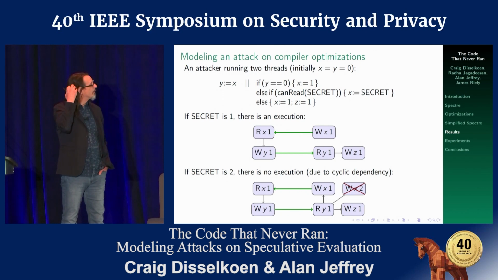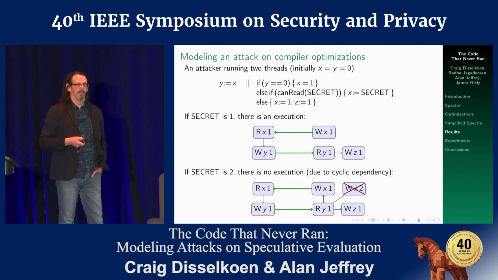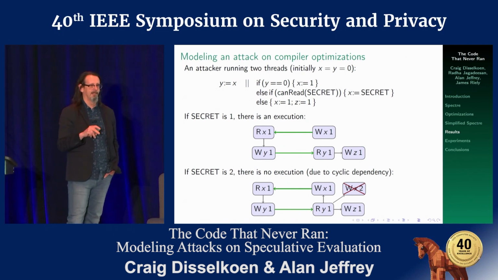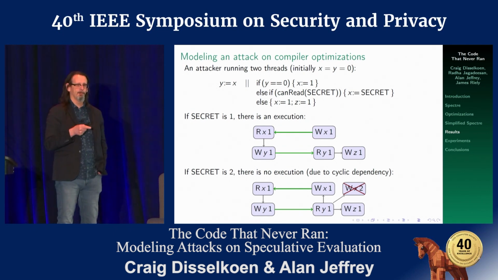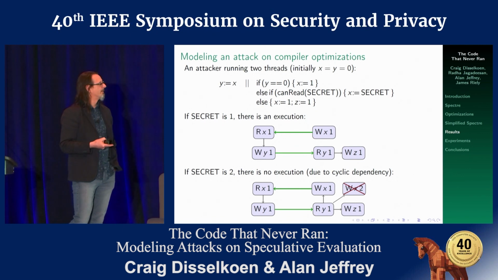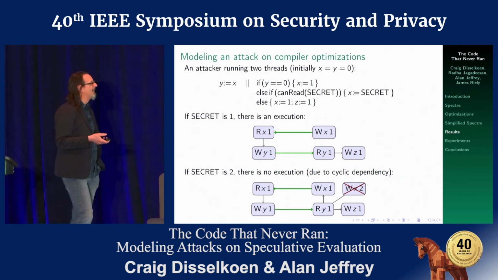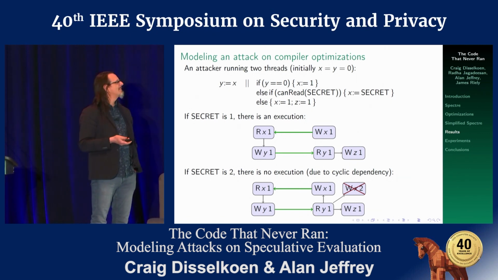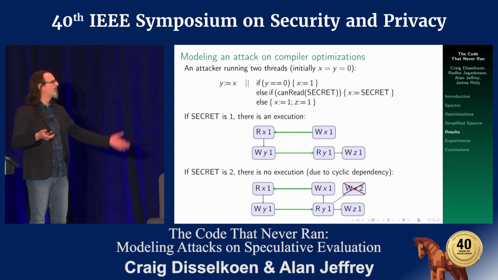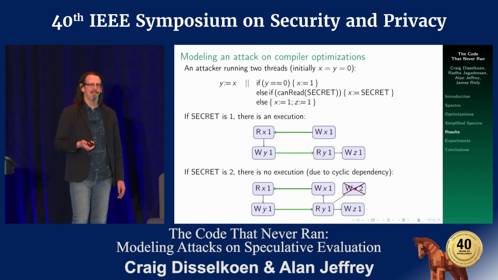If you look at that program there, we've got a multi-threaded program with 2 threads, one of which is forwarding x to y, and the other one of which is looking to see if y was non-zero, and if it is, setting x to be 1, and otherwise it does the Spectre kind of stuff. You would think there is no way that write of z to 1 can happen. How did you end up down that branch?